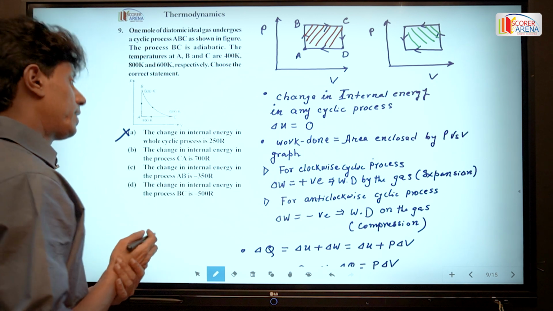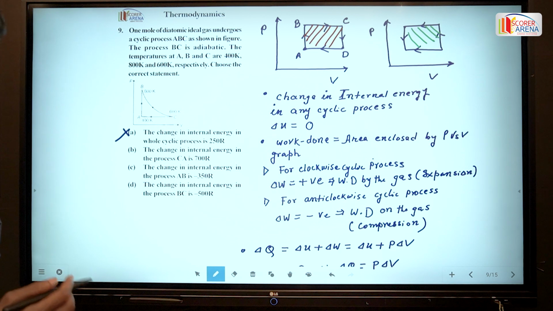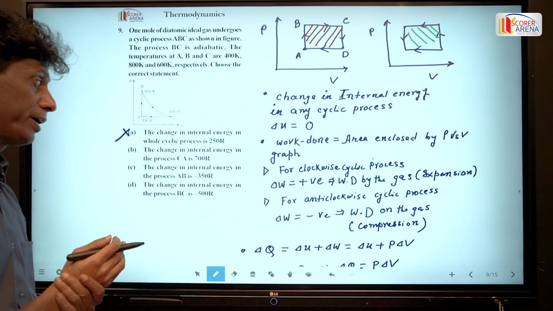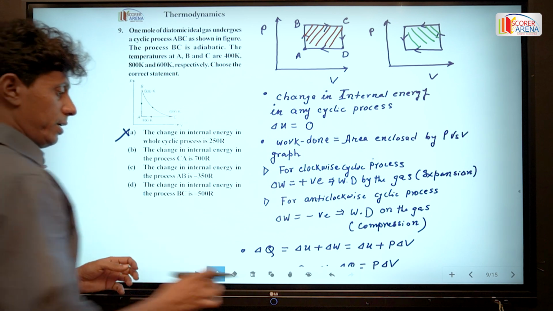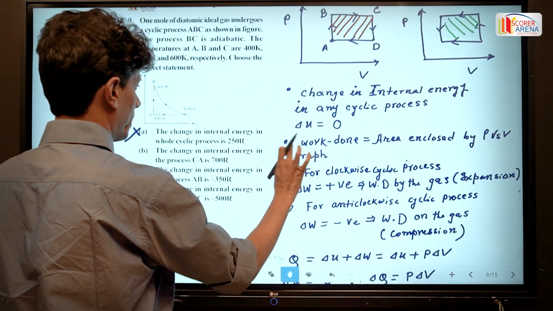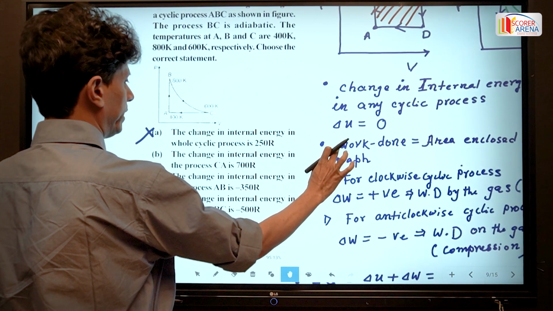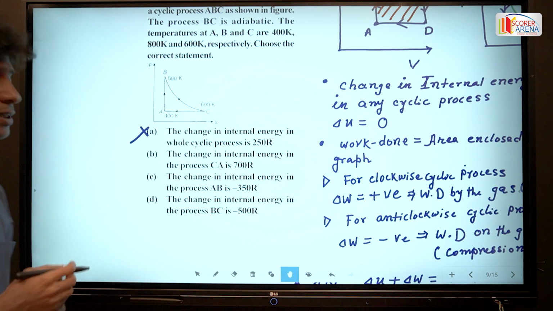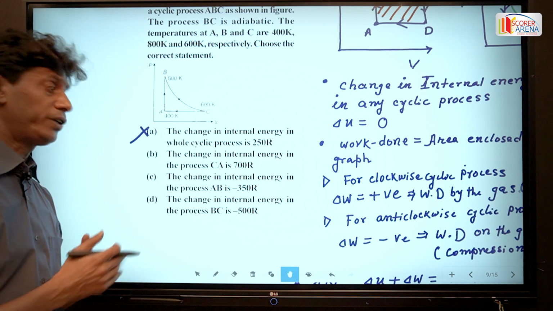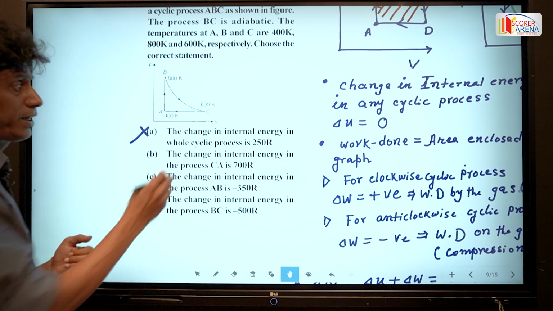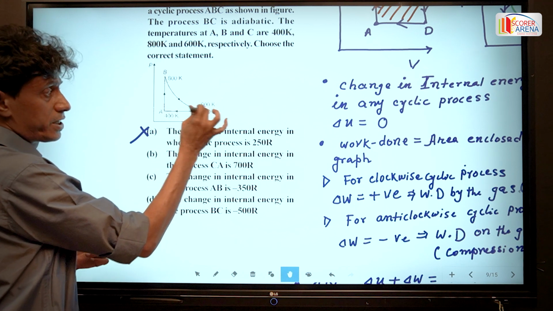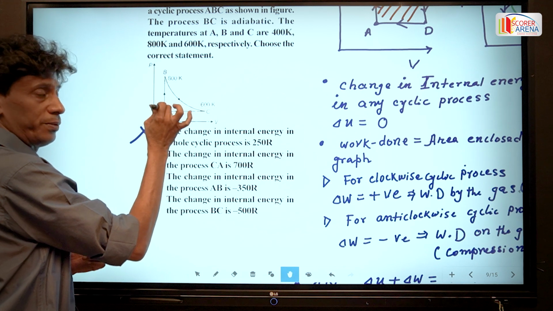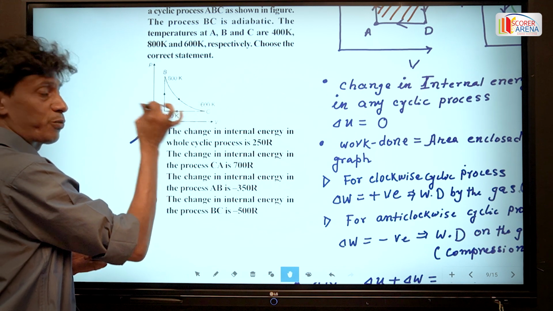Option B, the change in internal energy in the process CA is 700 R. That is an increase of internal energy. But in the graph, from C to A, the temperature falls from 600 Kelvin to 400 Kelvin. So the temperature decreases in this process.